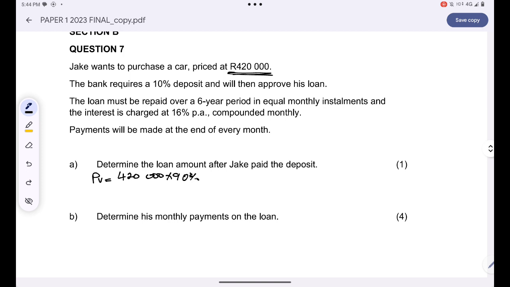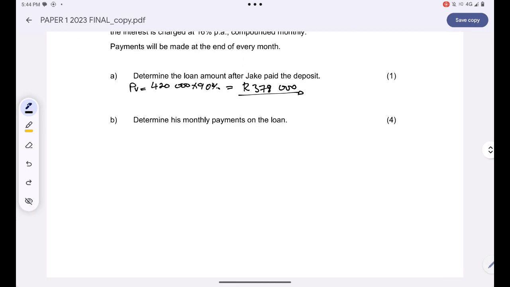That means the 90% will be funded by the loan. You'll simply get 378,000 rands. So this is the amount of the loan. And then now they want us to determine his monthly installments.